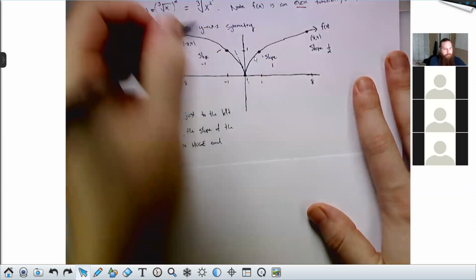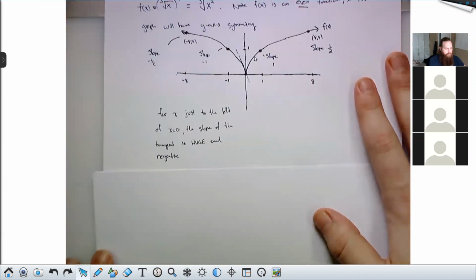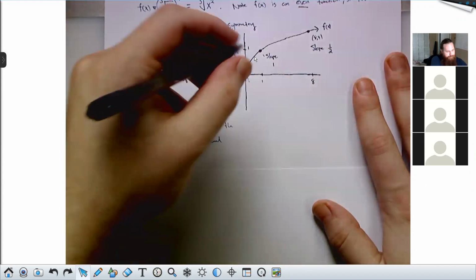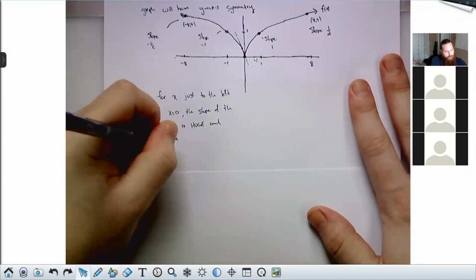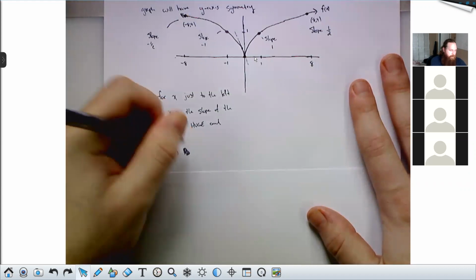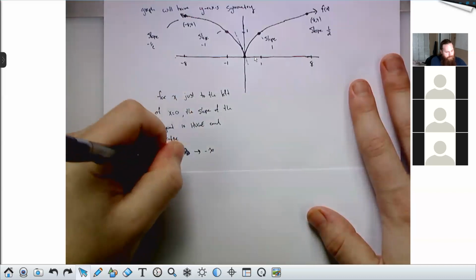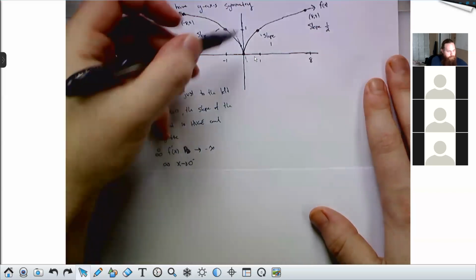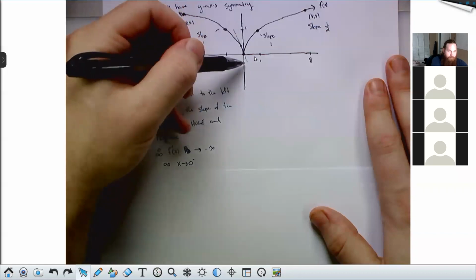Looks kind of like that. So for x just to the left of 0, the slope of the tangent line is huge and negative. This means f prime goes to -infinity as x goes to 0 from the left. If I get closer and closer to 0, these tangent lines are getting steeper and steeper and steeper.